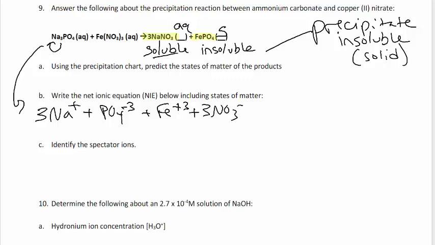Now you will have your ion sheet for help for the charges. And then over on the other side, the sodium nitrate is aqueous, so I'm going to show that broken up. But the iron phosphate is insoluble, that's the precipitate. So I'm going to keep that together as a compound.